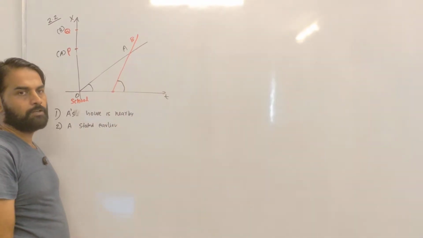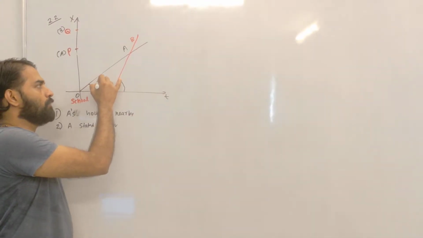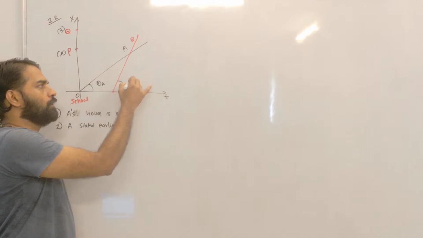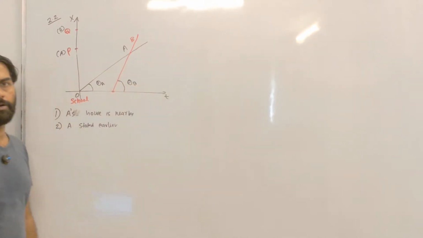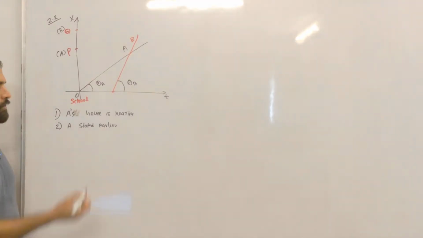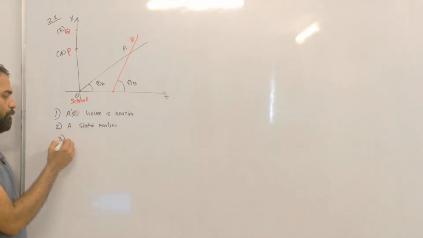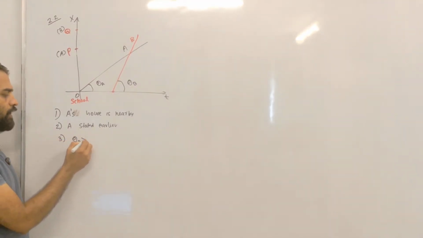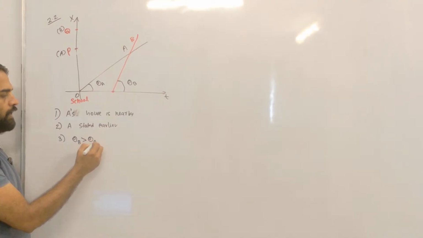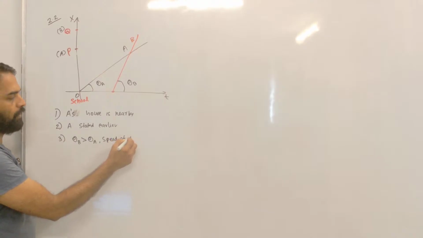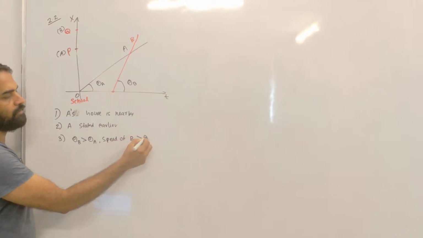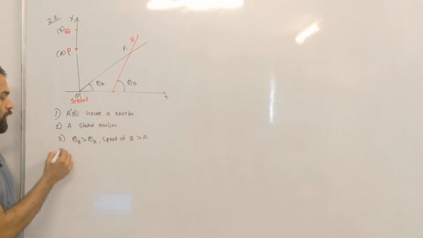Speed, right? Now let's say this is the slope of A, that is theta A, and this is the slope of B, theta B. Which is greater, theta A or theta B? Theta B is greater. So since theta B is greater than theta A, the speed of B is greater. That is the point to be noted.